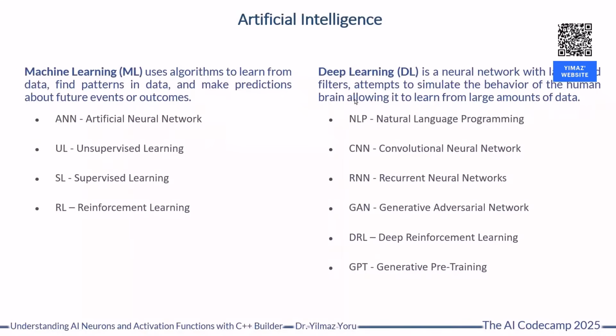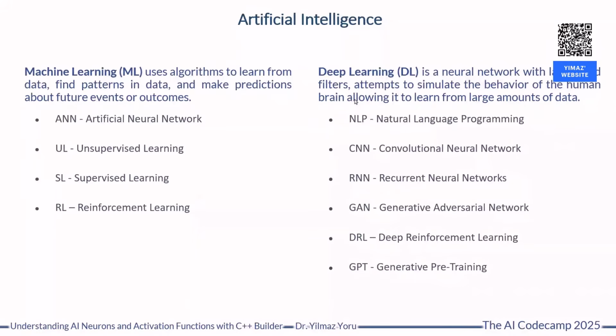So in machine learning, there are fewer layers and less data. In deep learning, there are more layers, filters, operations, and more data. ANN, unsupervised learning, supervised learning, and reinforcement learning are machine learning examples.